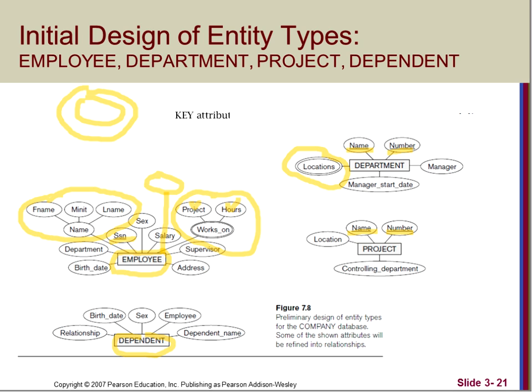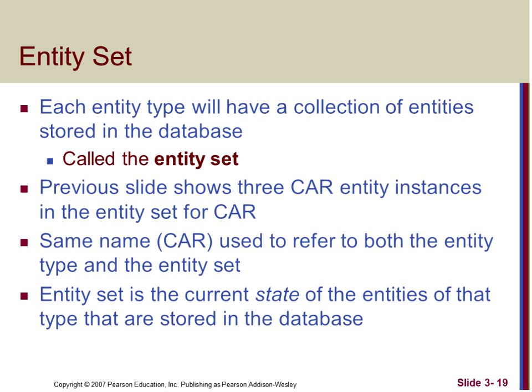Also, sometimes, like the dependent, you cannot find a unique attribute. In conceptual design, it's not a big problem no matter how many key attributes you have, because it's not a database yet, it's just a conceptual design. So this is the first step and the second step.